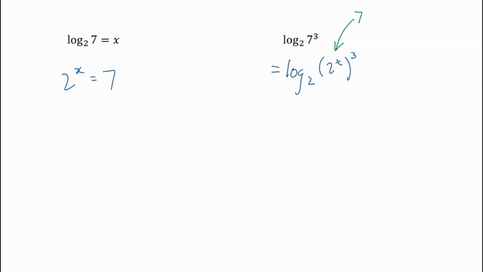I can simplify this with exponent properties, right? This is 2 to the x all to the 3. So this is log base 2 of 2 to the, multiply the exponents, 3x. Can you follow that okay?